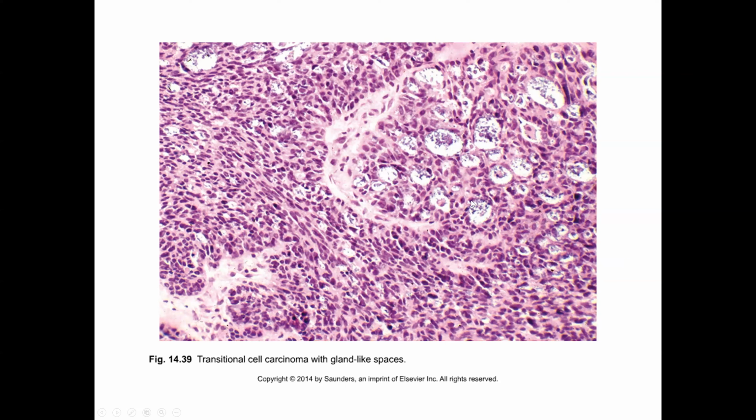Here's, of course, another feature that can be seen in transitional neoplasms: areas of squamous differentiation or glandular differentiation. And so finding those in one of these types of neoplasms should not be out of consideration.